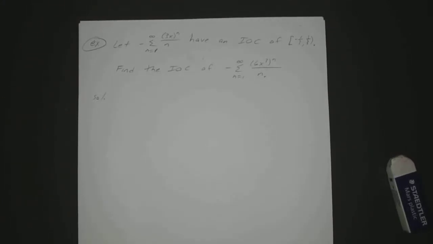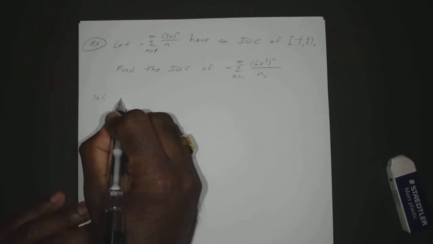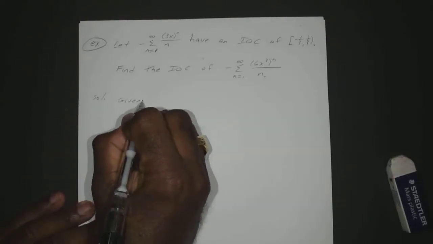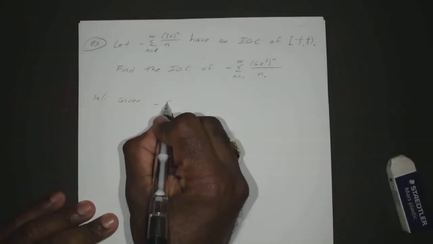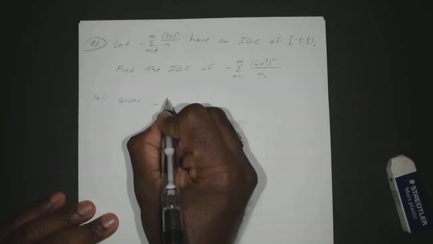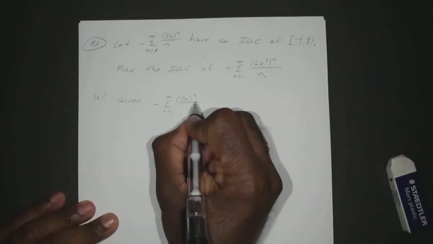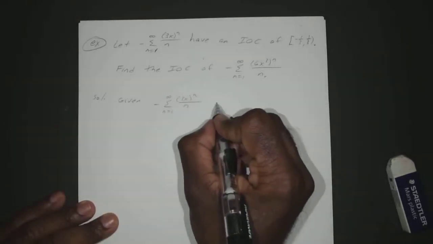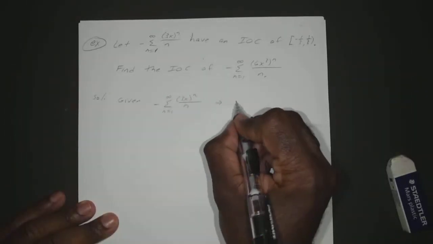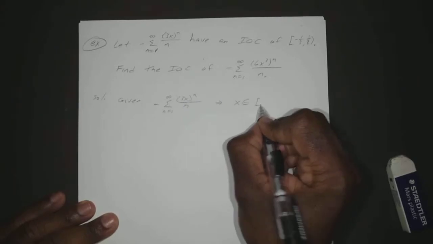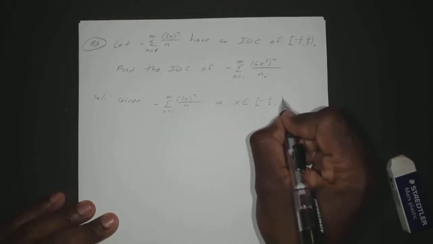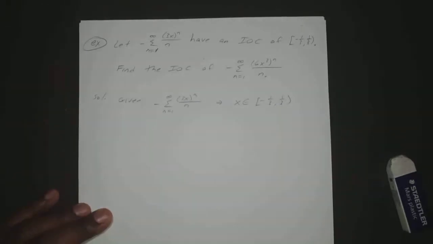So with this one again, you just want to match it up. Okay. So we already know that the negative sum from n equals 1 to infinity of 3x to the nth power over n converges when x is an element of negative 1/3 to 1/3. Okay.